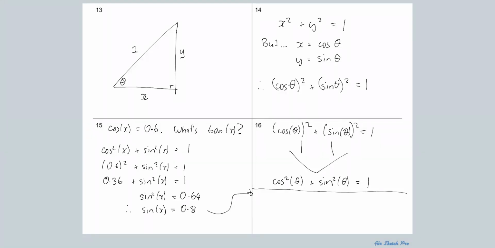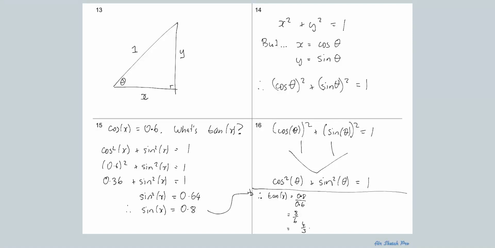Therefore, tan of x is equal to sine of x, 0.8, over cos of x, 0.6, and that's equal to 4/3. For those of you who can't see that, multiply top and bottom by 10, and you'll get 8/6. And then cancel down to get 4/3. So the tan of x is 4/3.